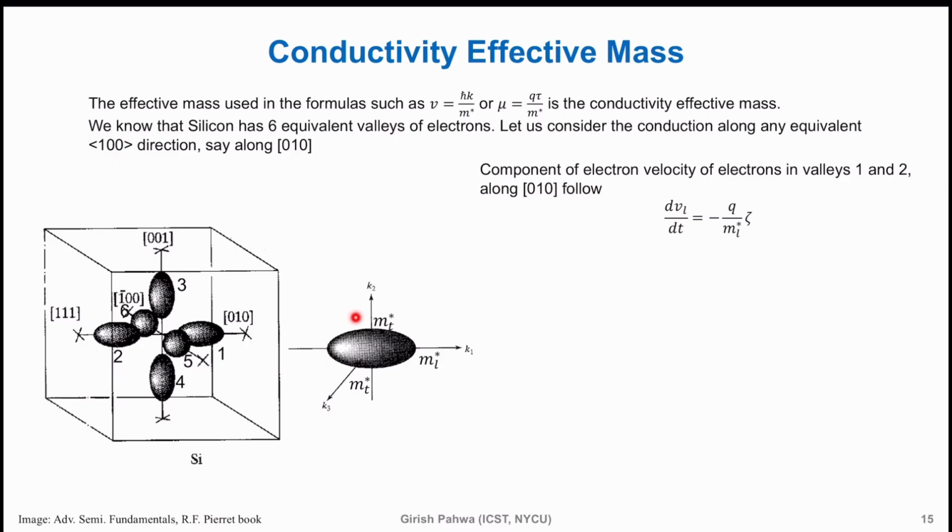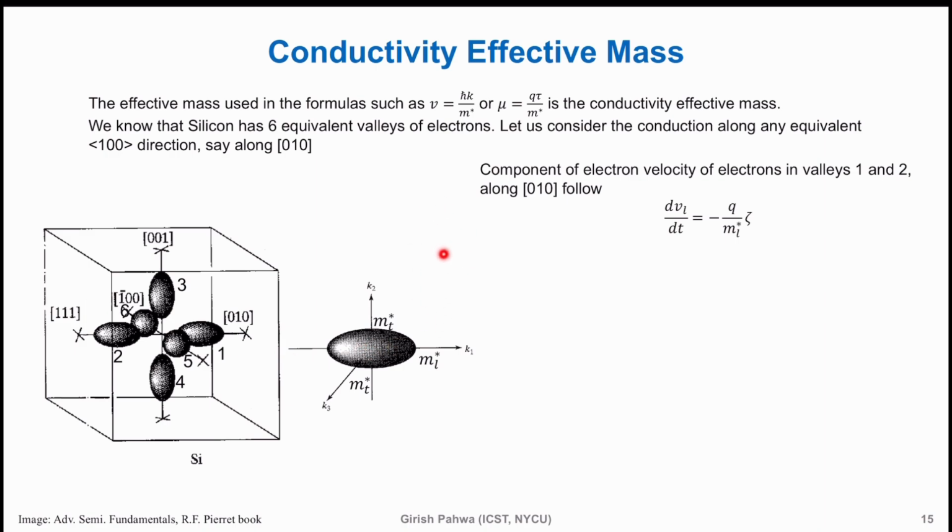Now let's look at the other valleys. So 3, 4, 5, 6, all of them are equivalent as far as the transport is concerned. Let me just look at, say, 3. The electric field is in this direction, and the electron is going to move in this direction. Now which effective mass will you use for this electron? Basically, you have tilted it like this.